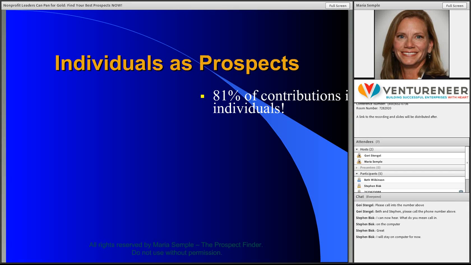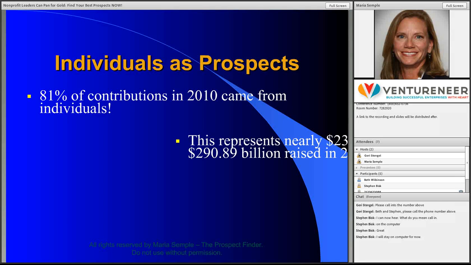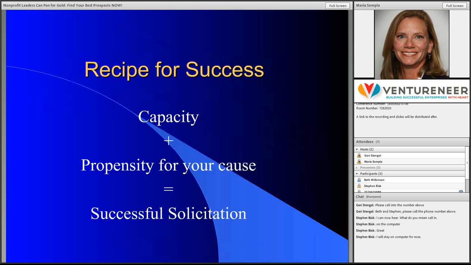In fact, this is pretty steady even in recessionary times: around 80%, and in 2010 it was 81%, of the contributions came from individuals. That number comes from lumping together the pieces of the pie that represent individuals and bequests, because of course bequests are coming from individuals. So I do like to reflect it in that way.